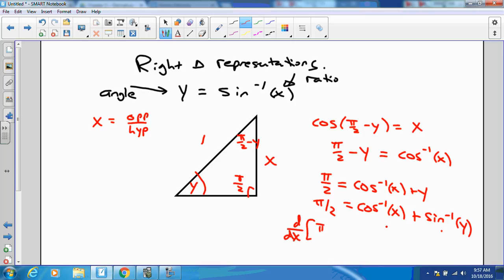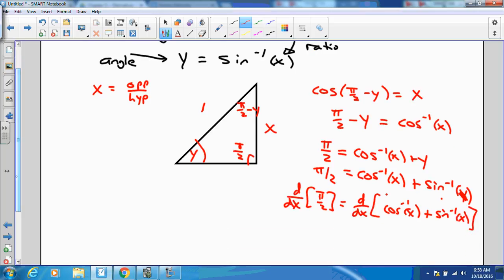But what that means is that when I take the derivative with respect to x on both sides, on this side, I'm going to get 0.